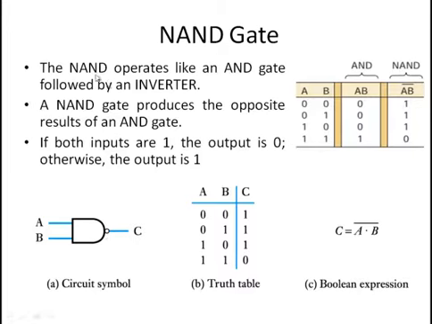So, NAND operates like an AND gate followed by an inverter, like it says here. It produces the opposite results of an AND gate. Its Boolean expression is this, that is, A dot B is AND, and this bar makes it the expression for the NAND gate.